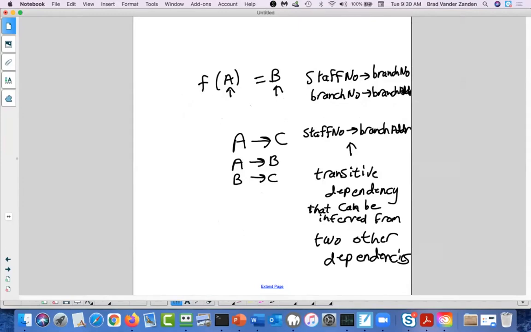So we don't want to explicitly represent transitive dependencies.